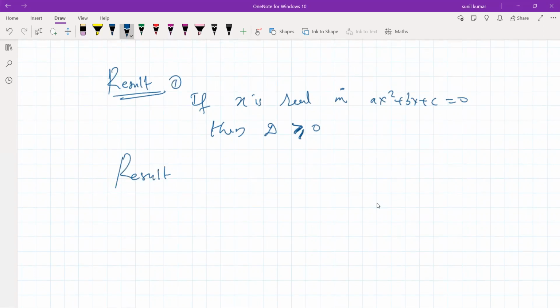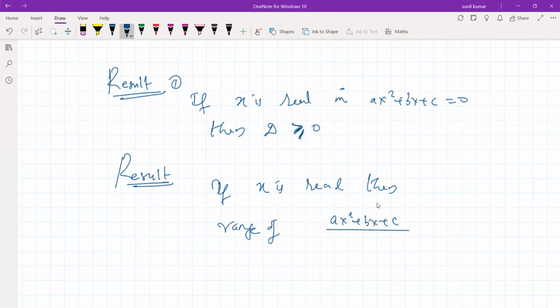You see the next result also. If x is real, then they can ask what is the range of (ax square plus bx plus c) dividing by (px square plus qx plus r).